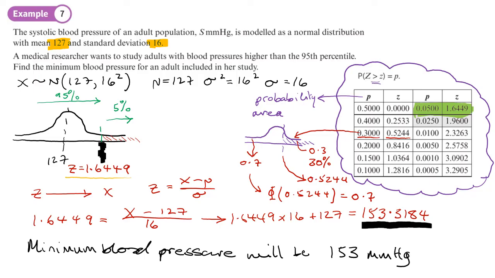I would use the standard deviation of 16 and a mean of 127, and I would get exactly the same answer, slightly different in terms of decimal places, 153.3177 to 4 decimal places, but it's pretty much the same. So this also could be done by using inverse normal, but if we notice it's one of these percentages from the percentage points table, it just makes it a little bit easier and quicker if you've got that table in front of you.